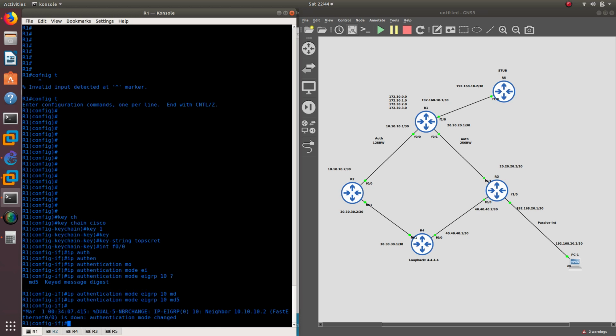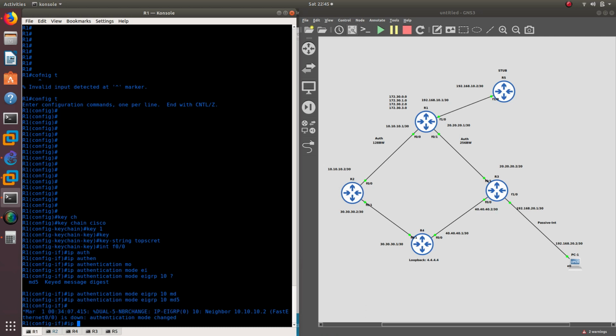After that, as you can see, the EIGRP neighbor relationship with 10.10.10.2, which is router 2, came down because we are telling this FastEthernet 0/0 to use MD5 to authenticate. Since router 2 is not yet using MD5 to authenticate, that neighbor relationship comes down.